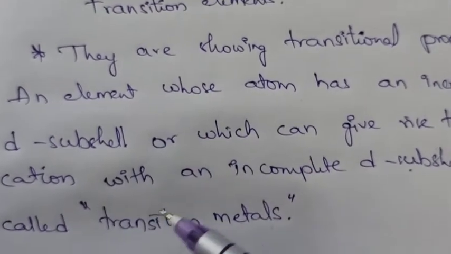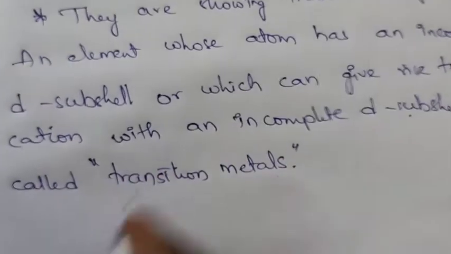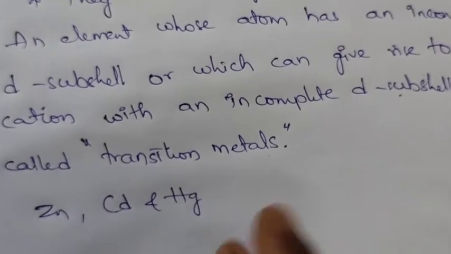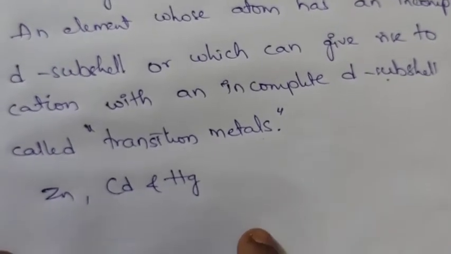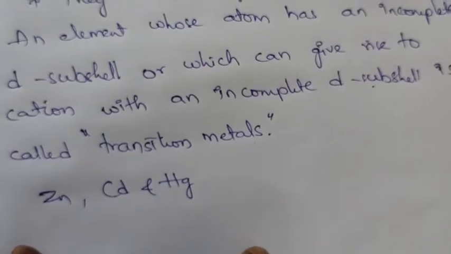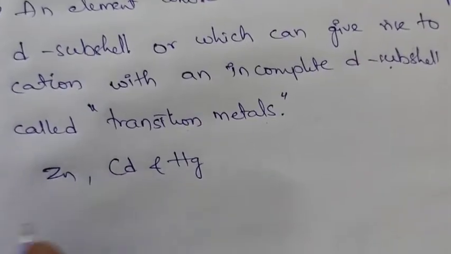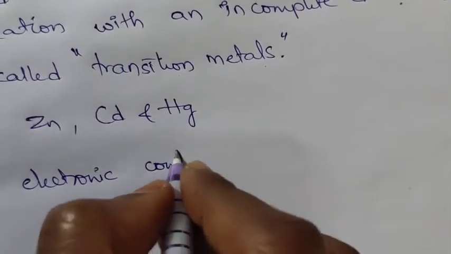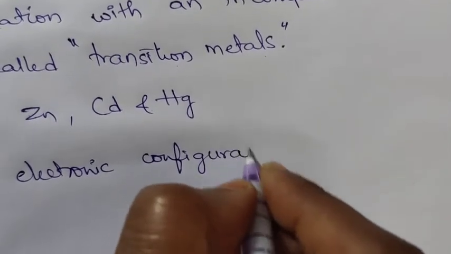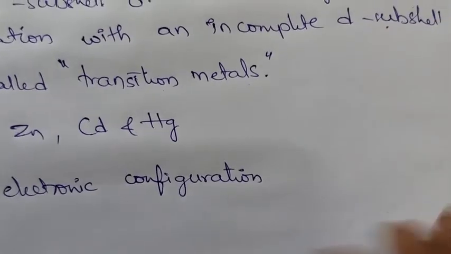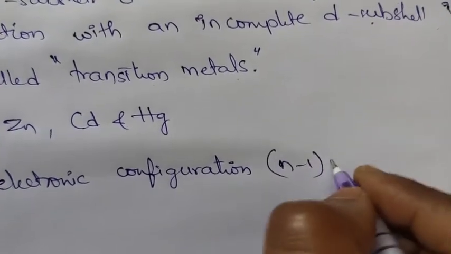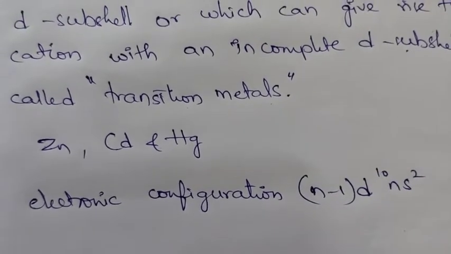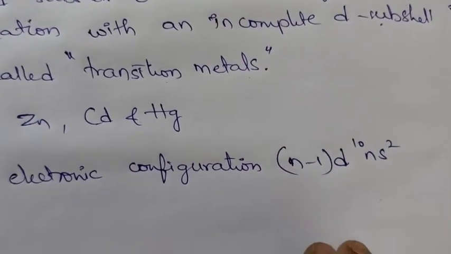But by this definition, zinc, cadmium and mercury, these three, are excluded from the transition metals as they have the electronic configuration (n-1)d10 ns2.